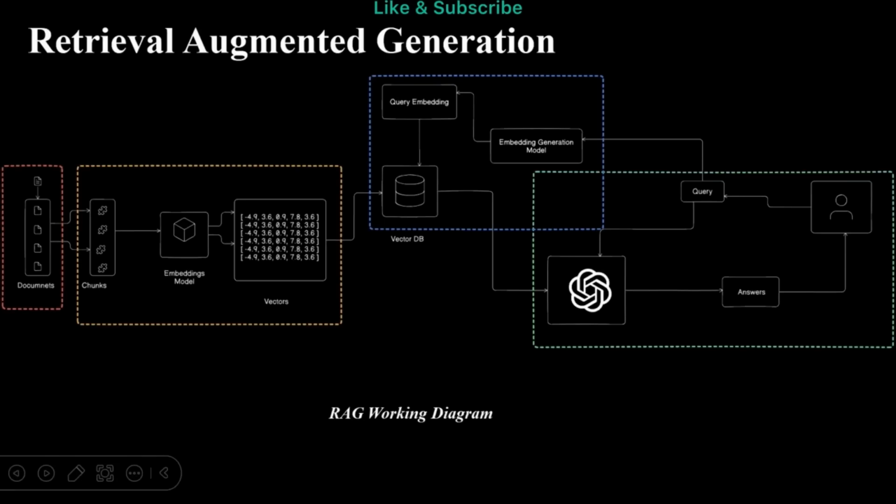Okay, so now we have those vectors. Now look into this blue dotted box. We are storing those vector embeddings in a vector database. You can use ChromaDB, FAISS, Qdrant, Pinecone DB, Supabase, whatever you want. But as we are deploying, we are using Pinecone DB, because ChromaDB and FAISS require some local storage where they store those vector embeddings.